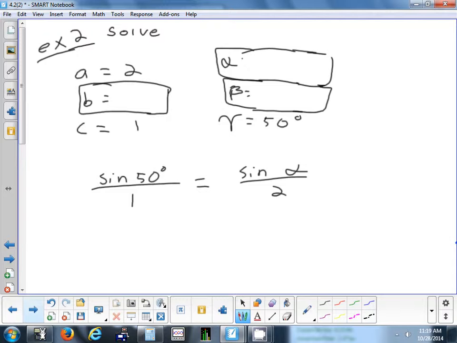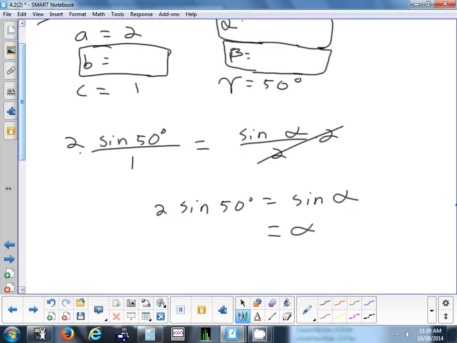Okay, we're going to solve for sine of alpha, so multiply each side by 2. So 2 sine 50 equals sine alpha. Now take inverse sine of each side. Okay, and try that on your calculator.